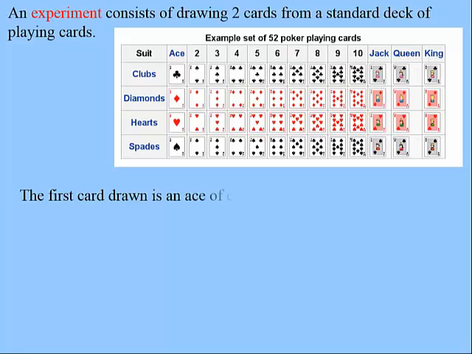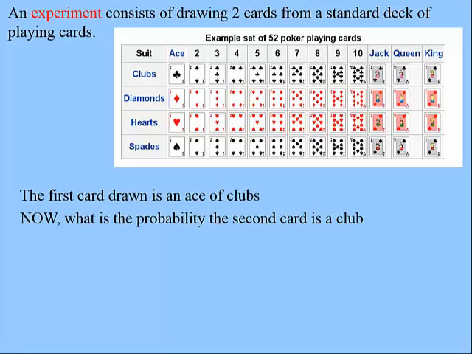Now look, if we draw a club, and it's the ace of clubs, what is the probability we'll draw a club the next time? Well, the probability of drawing a club in the beginning is 13 out of 52, or 1/4.